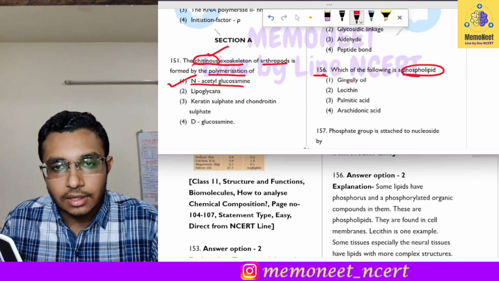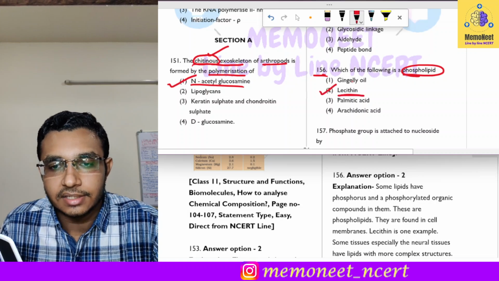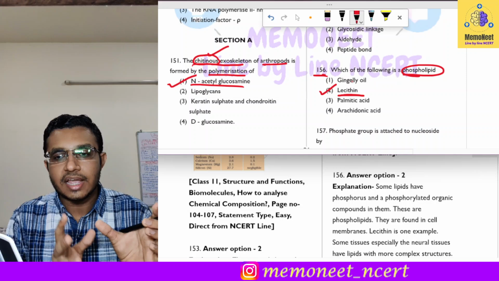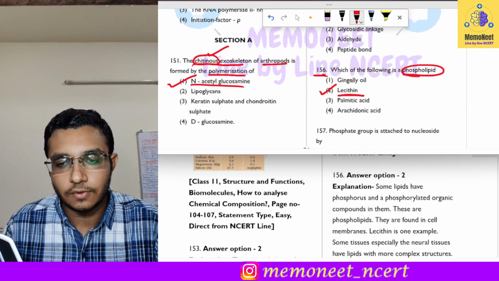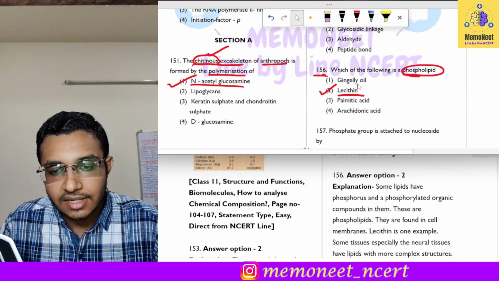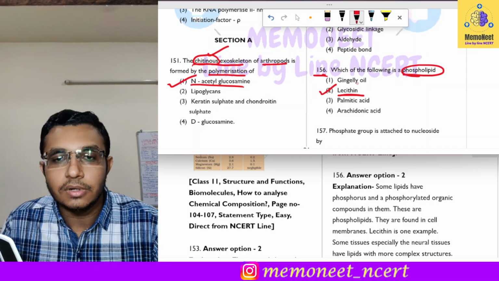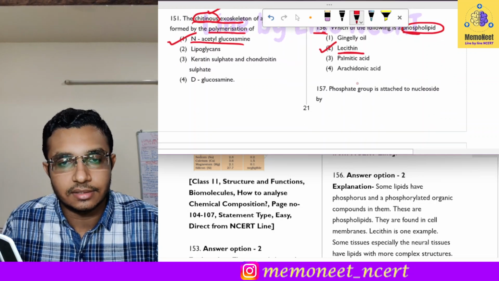The phospholipid is lecithin. Phospholipid means a phosphorylated organic compound. Lecithin is an example which is found in the membranes and the neural tissues. So the correct answer of this question will be option 2, that is lecithin.